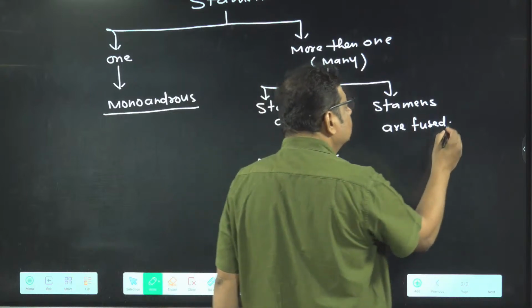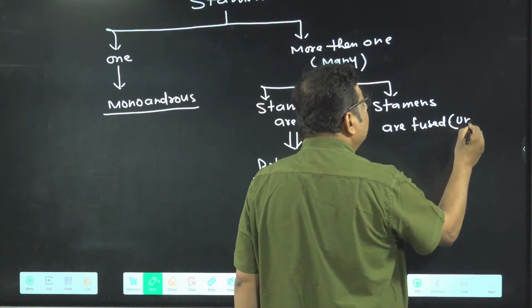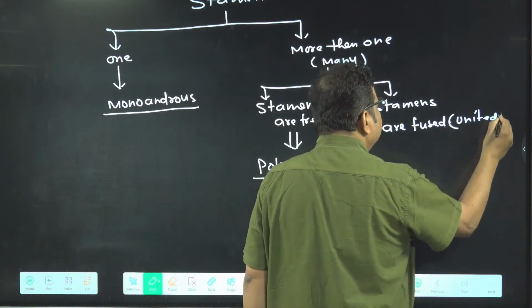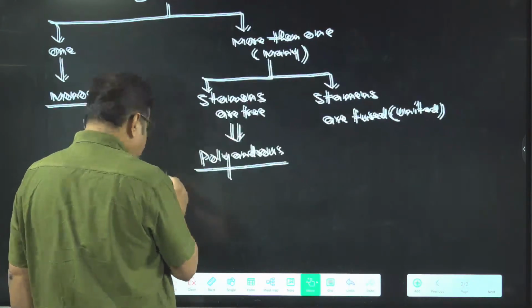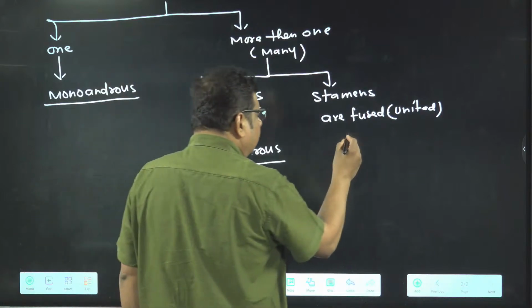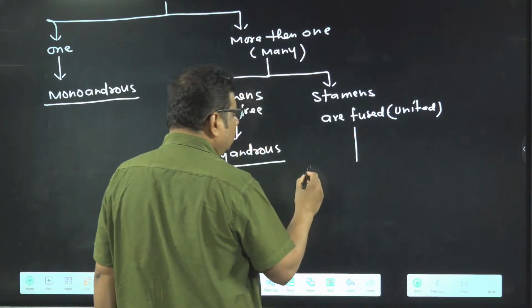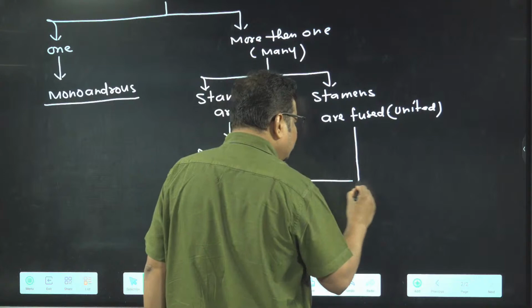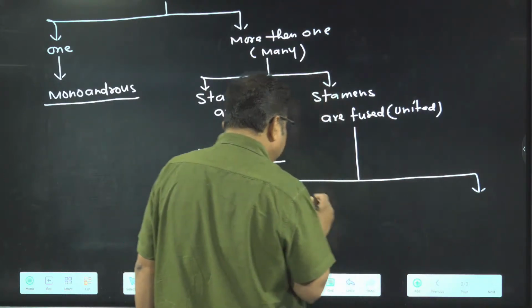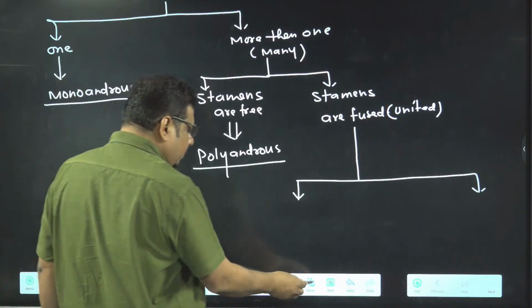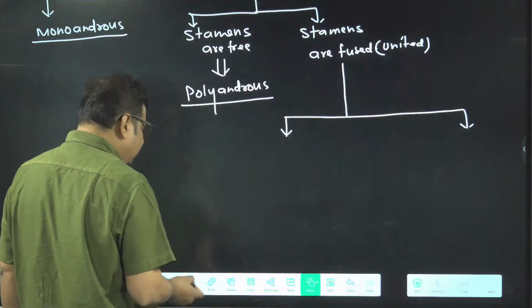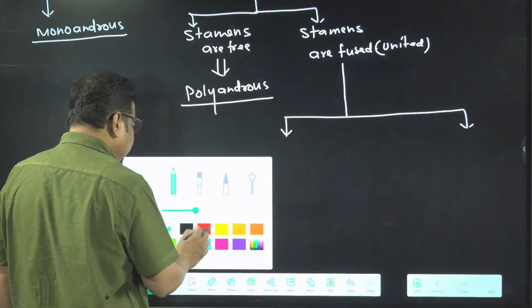If it is fused, somewhere you will find the term united written for fused, so don't confuse. If stamens are fused, there are 2 possibilities of fusion.